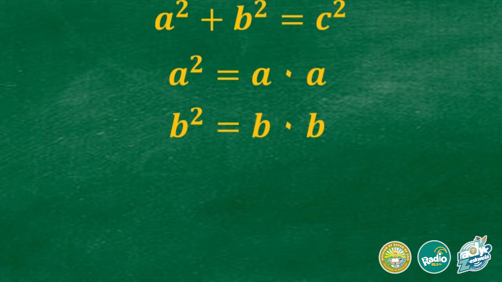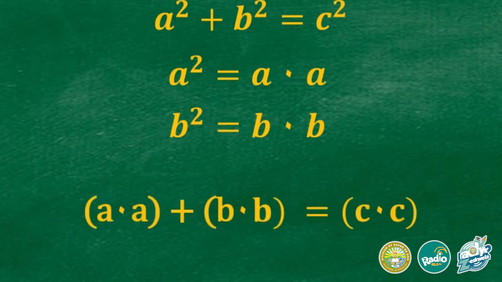If we add the two squared values together, it is equal to the square of the hypotenuse, which is c squared or c times c. I know it sounds confusing to you. So let us have an example so that the Pythagorean theorem makes sense.